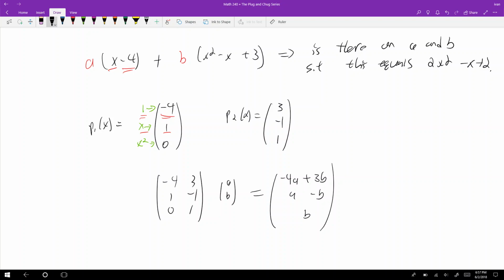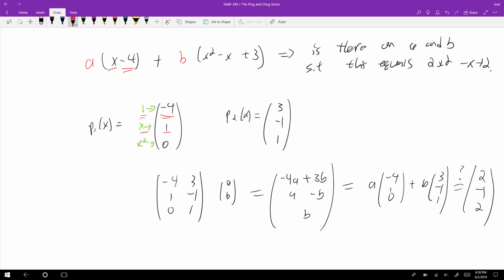But if I extract the a's and b's out separately, that's a times (negative 4, 1, 0) plus b times (3, negative 1, 1). What do we want this to equal? We want to see if this equals 2x squared minus x plus 2, so that's (2, negative 1, 2).